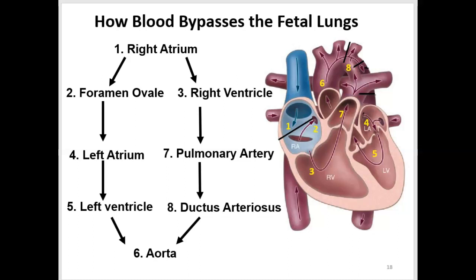But some blood follows the secondary route. It will travel from the right atrium into the right ventricle, and when the ventricles contract, this small volume of blood enters the pulmonary artery. But it will bypass the lungs by entering the ductus arteriosus, which leads to the aorta.